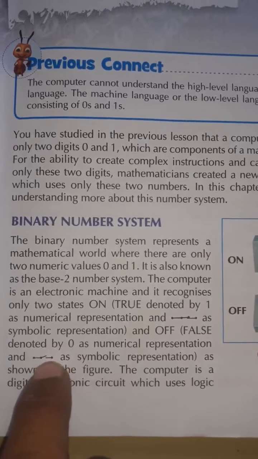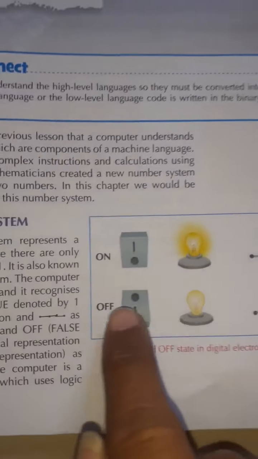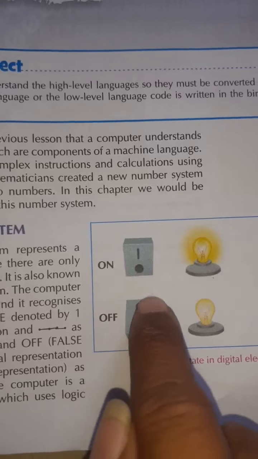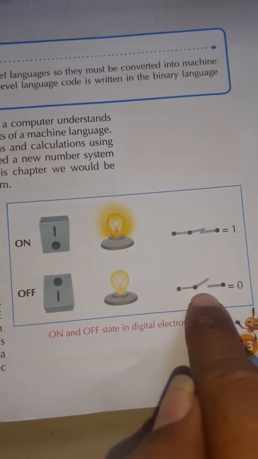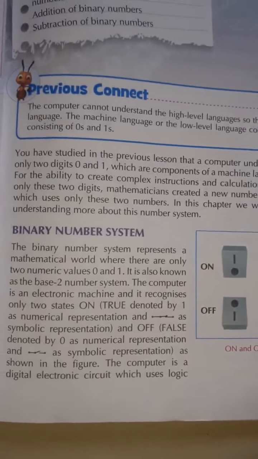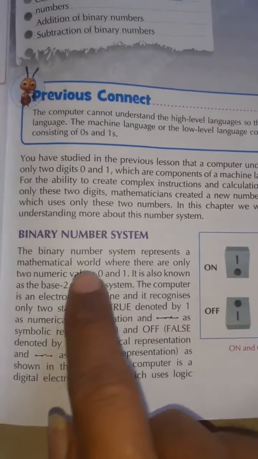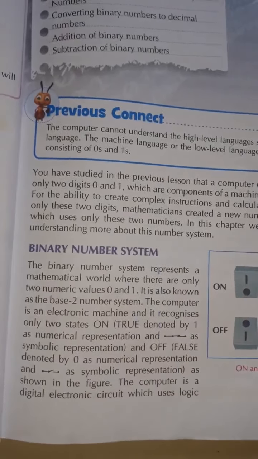This representation is used in electronic devices. See, this button is off. Off means the light is off, the circuit is off, means 0, means false. This is about the computer, and 0 and 1 are used in the binary number system. This is called binary number system.